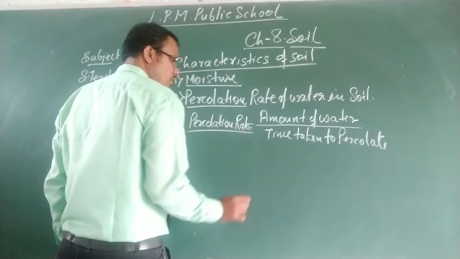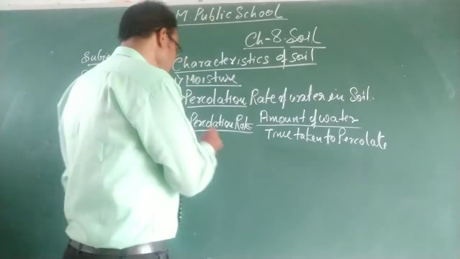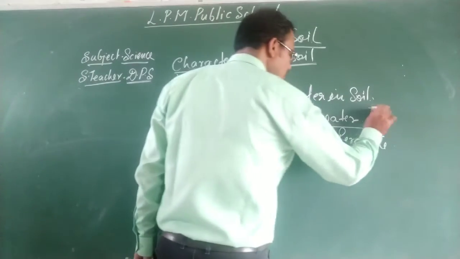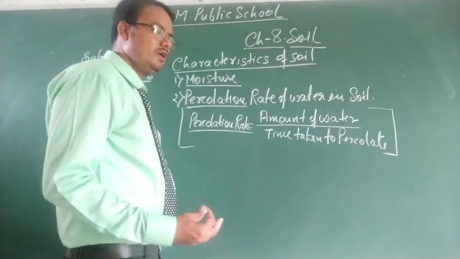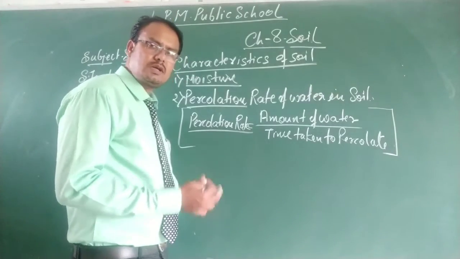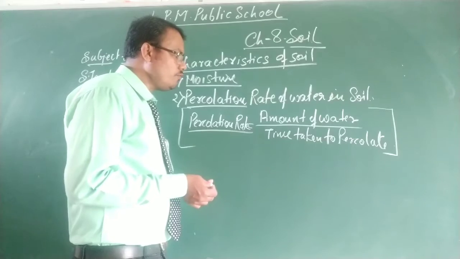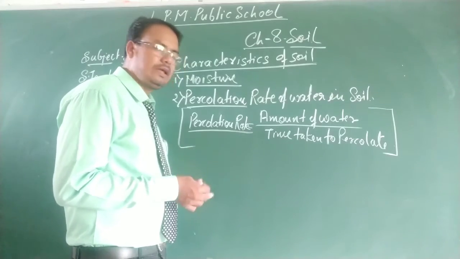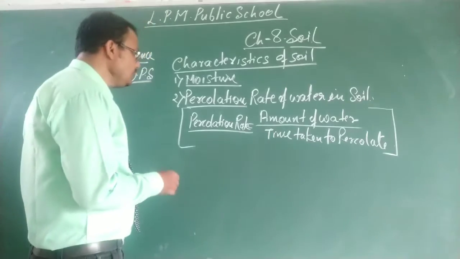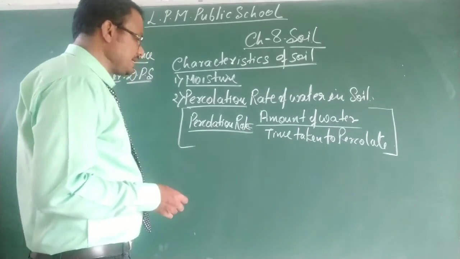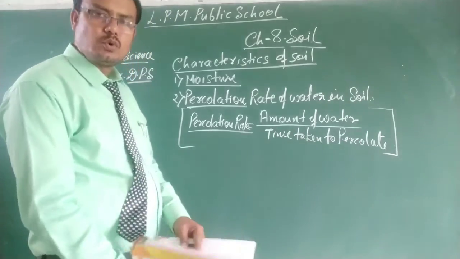This is the formula to find the percolation rate, that is, the speed of absorbing of water in the surface. So, amount of water upon time taken to percolate. Okay, student, this is the second characteristic of the soil.